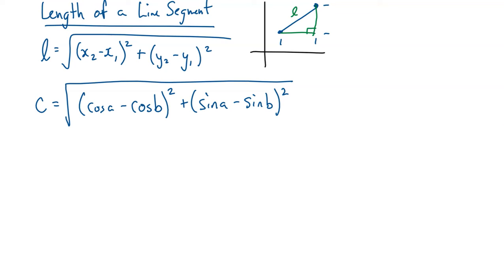How do you know whether cos A comes first or cos B comes first? Would it matter? 5 minus 3 or 3 minus 5 squared will be the same, won't they? So it doesn't matter. Okay. Now I'm going to square both sides.